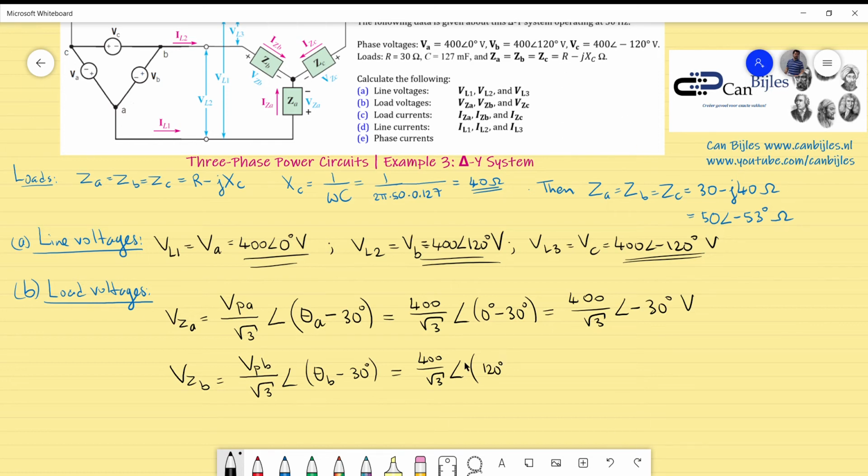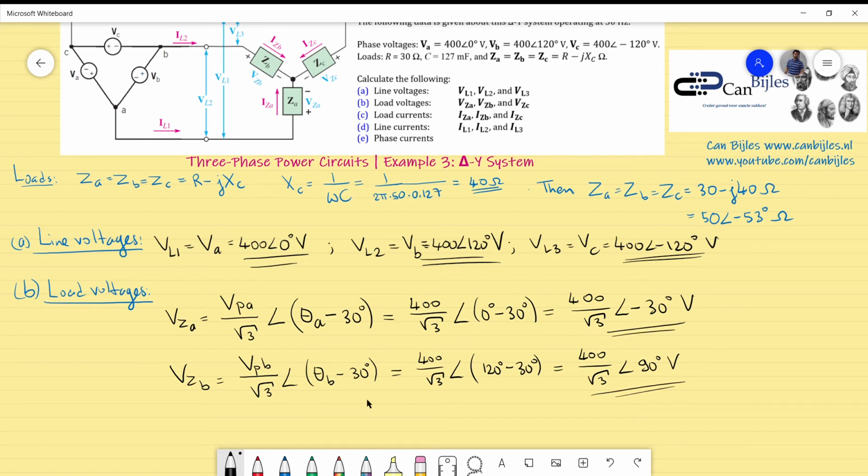Again, same amplitude, 400, and then minus 30 degrees. And if you simplify this, you will get 400 divided by square root of 3 and phase plus 90 degrees volt. Alright, so these are the two unknowns we have determined.